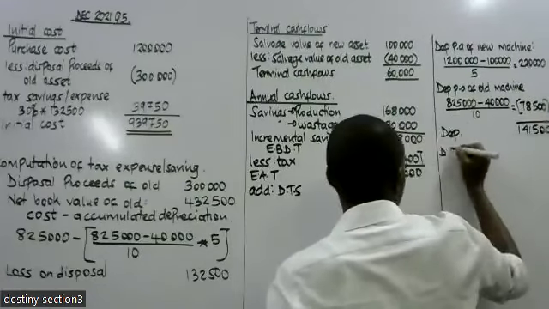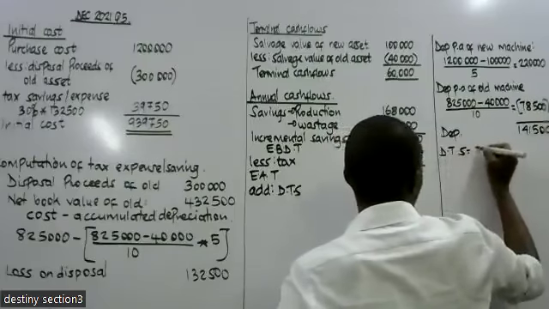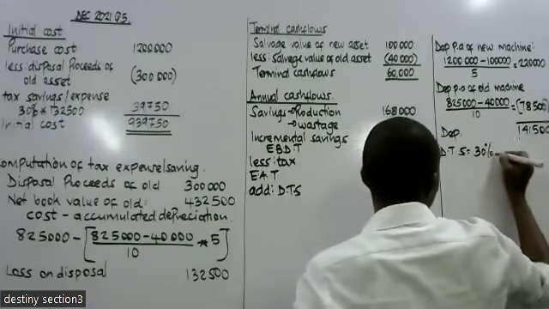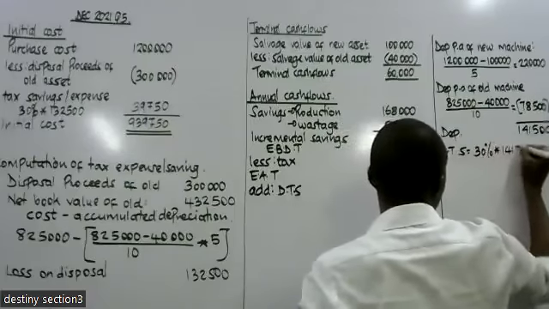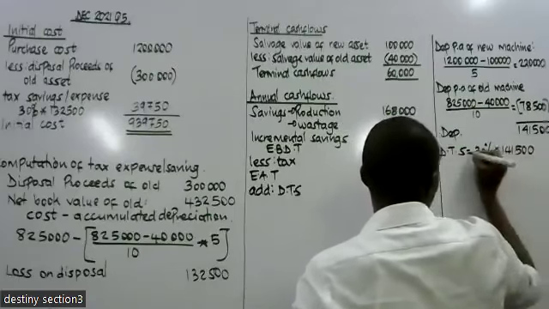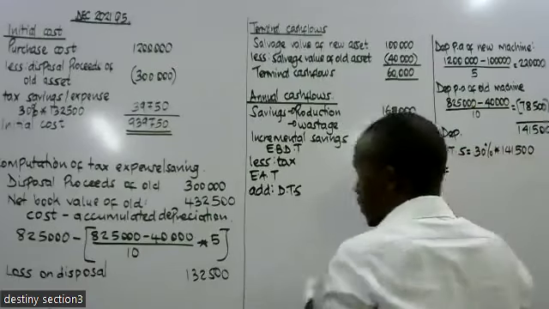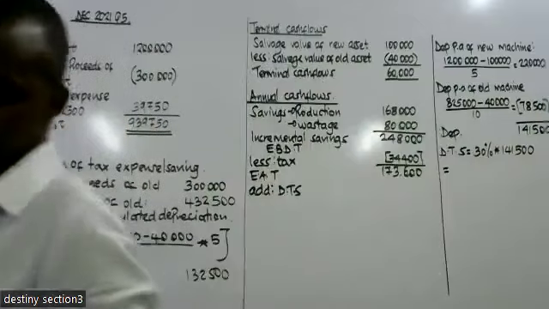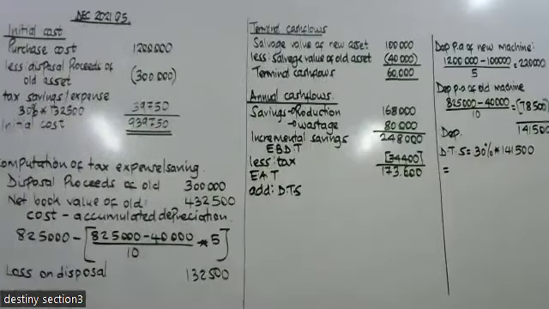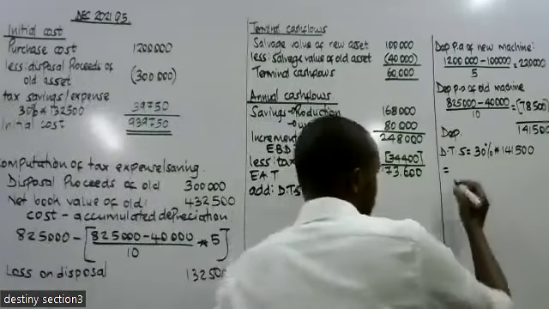So the DTS will be 30% of 141. How much? 42.